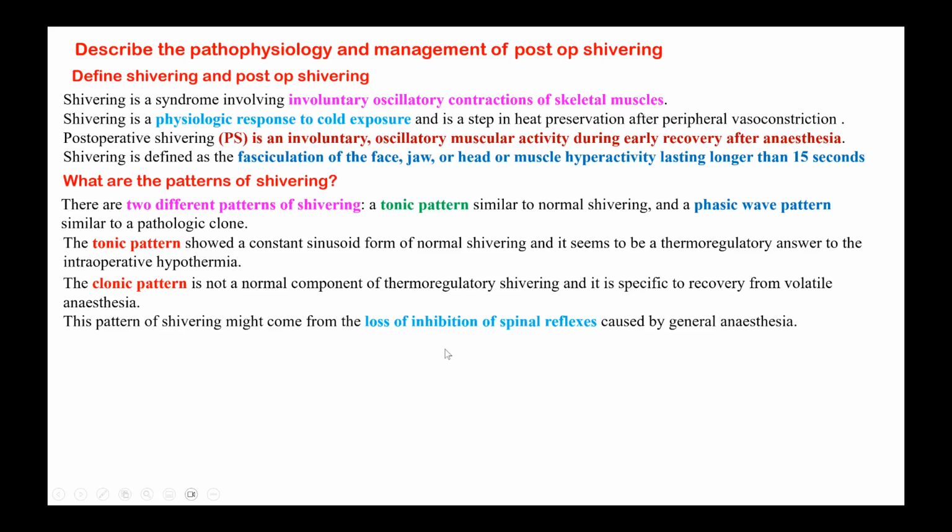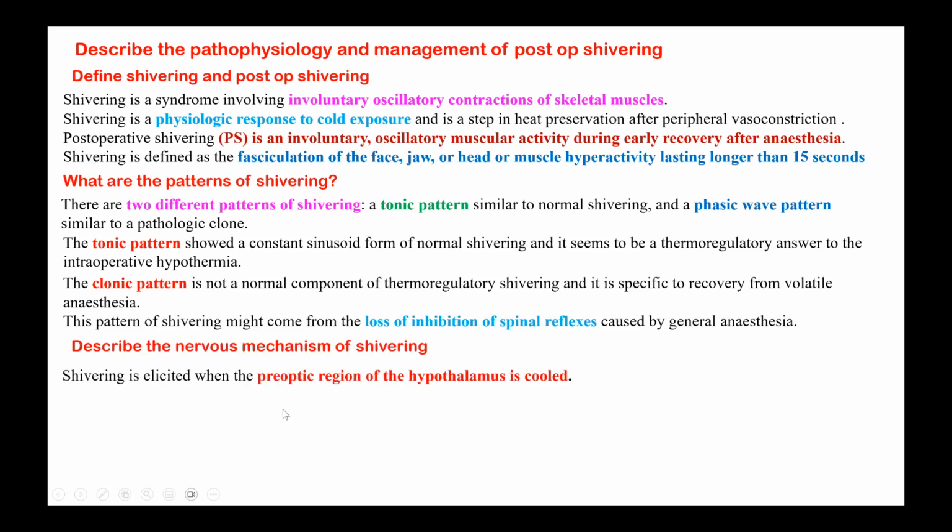And this is because of the loss of inhibition of the spinal reflexes, usually occurring after general anesthesia. The central nervous system area involved in this is the preoptic region of the hypothalamus, which becomes cooled. That is because the core temperature falls.